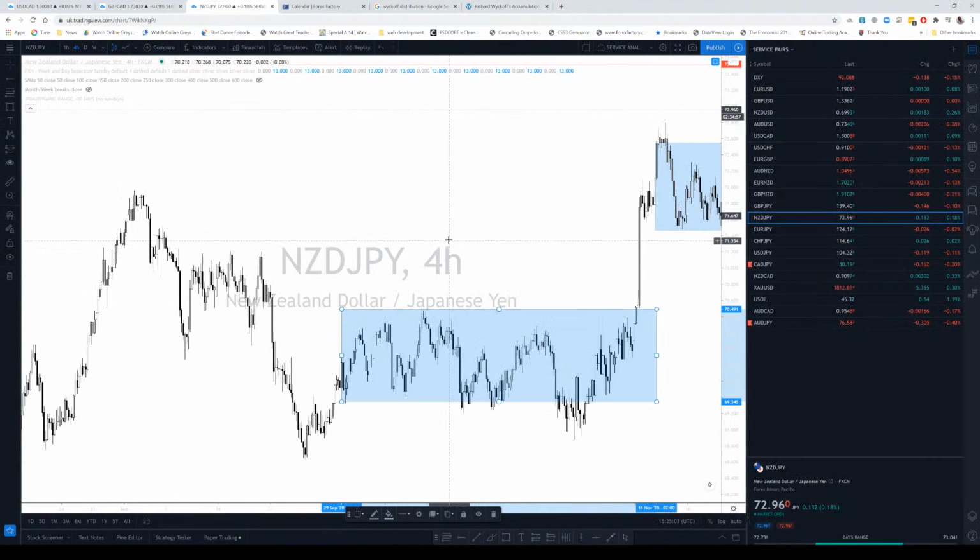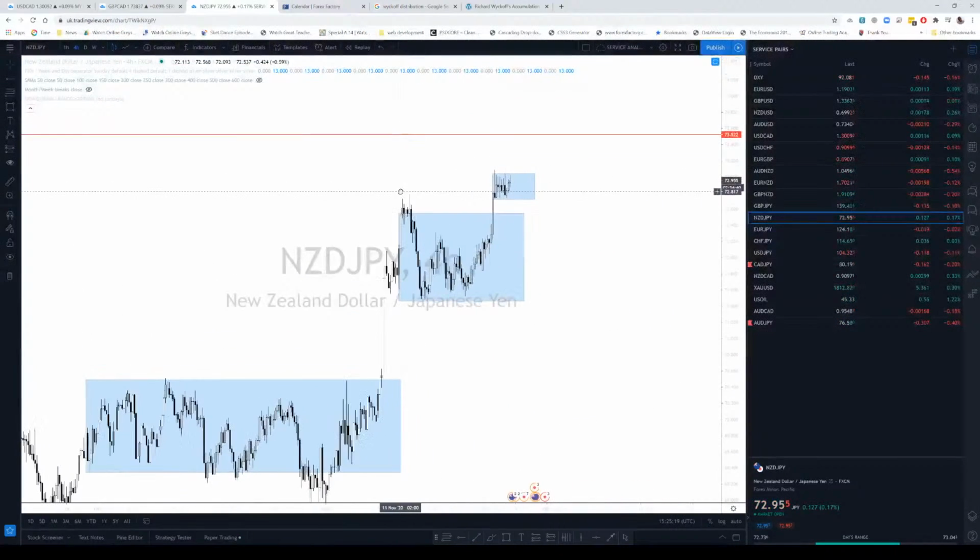We go to the yen. Right, we have PS, secondary test, spring, and then we rallied. This is where we are at now.